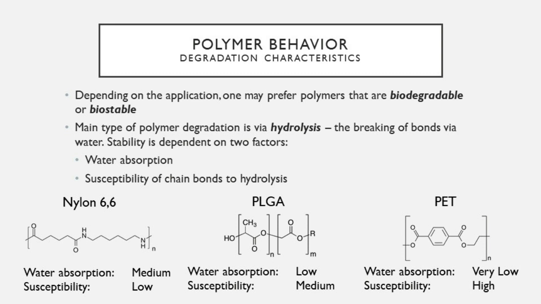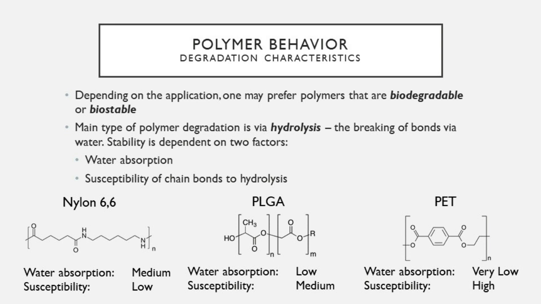PLGA, on the other hand, polylactic co-glycolic acid, is made up of both hydrophilic glycolic monomers and then hydrophobic lactic acid monomers. And the degree of these can change the water absorption, but in general, most 50-50 random mixtures of PLGA have relatively low water absorption rates, but because their susceptibility to hydrolysis is on the medium or actually relatively high scale, these can be considered biodegradable over the lifetime of a patient.